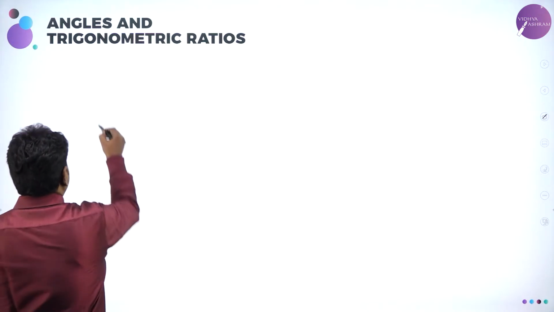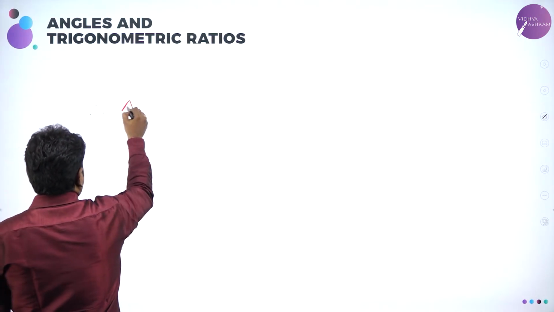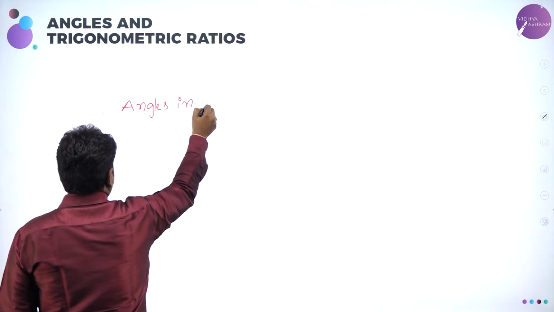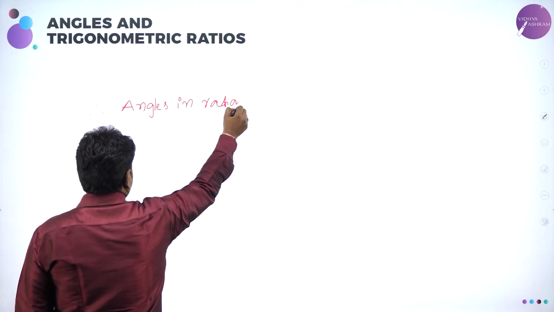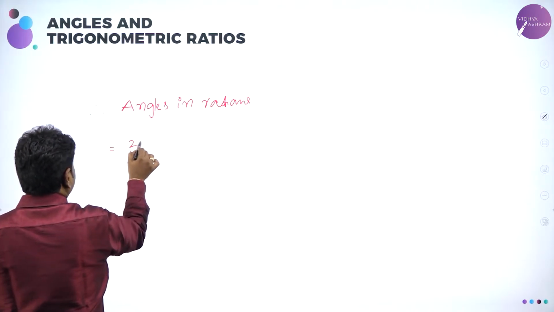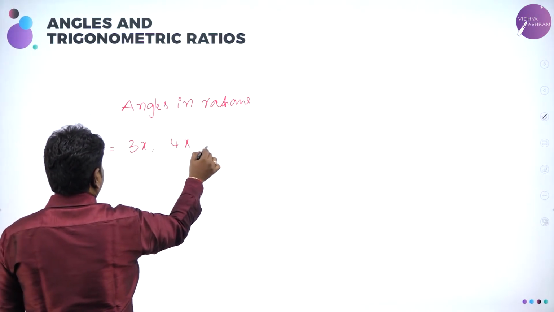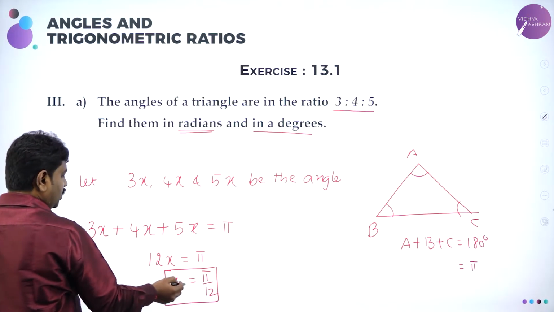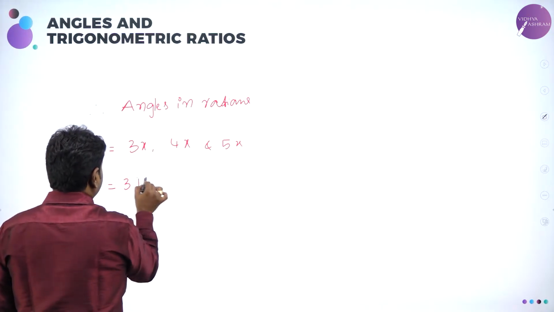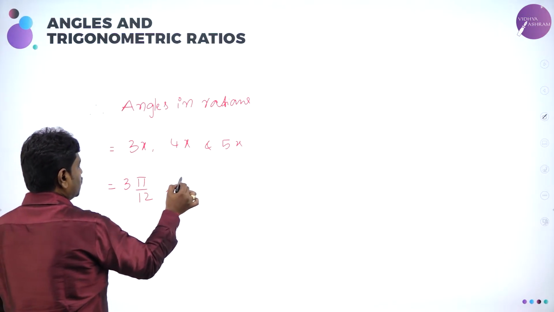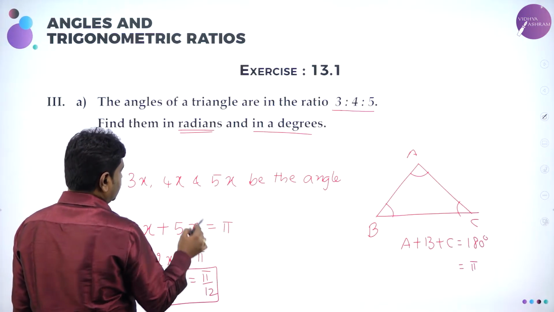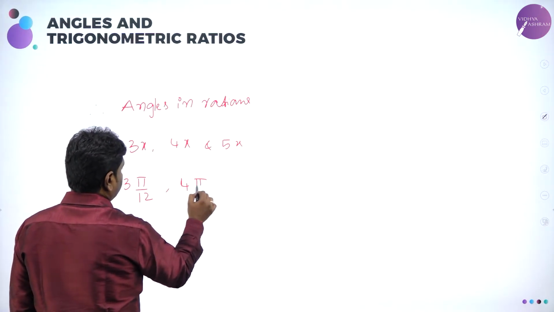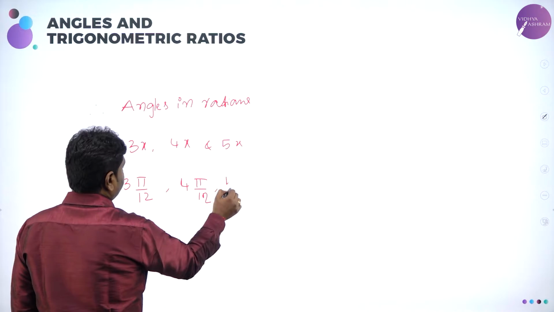Now therefore the angles in radians are 3x, 4x and 5x. That is 3 times what you got for x, pi by 12. So 3 pi by 12, 4 pi by 12 and 5 pi by 12.